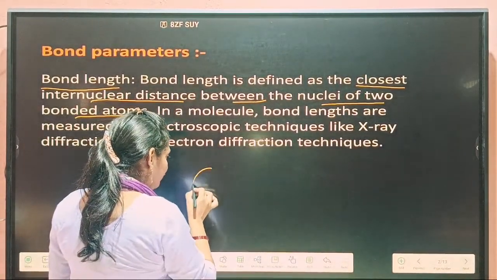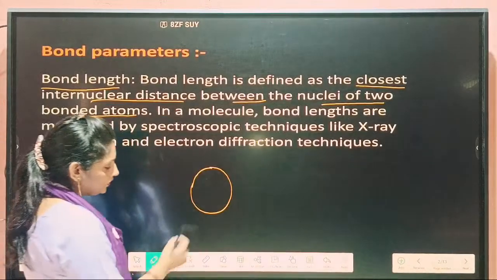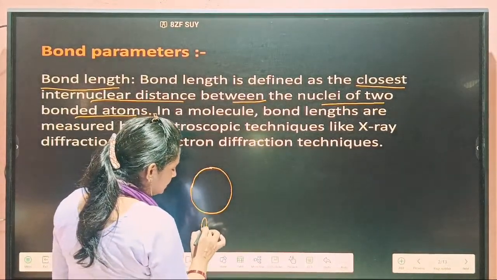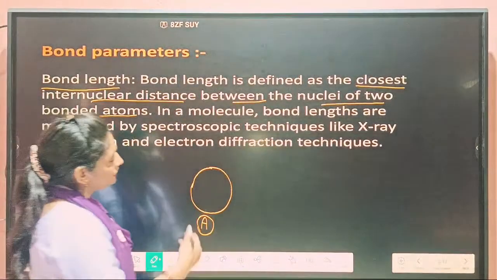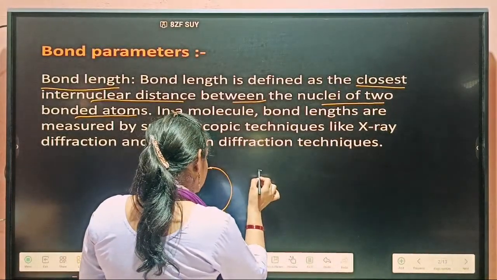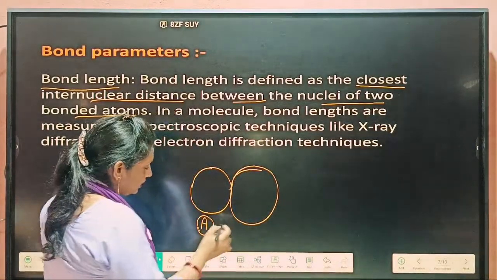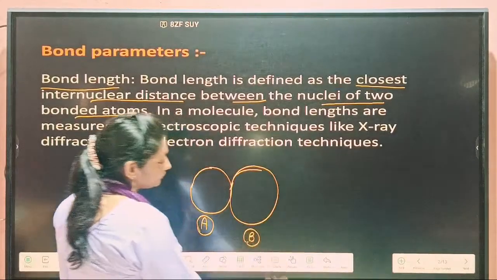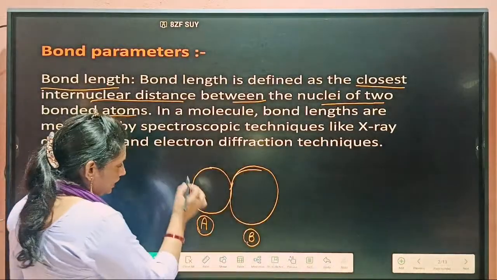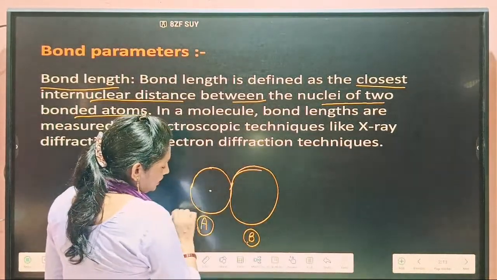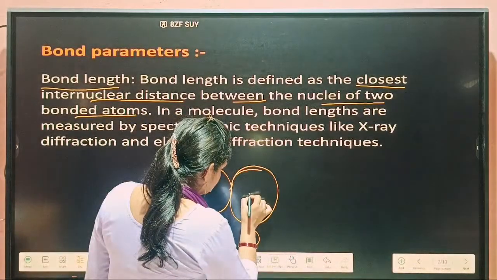Let us consider I have one element, let us consider it is A. And if I have a second, let us consider it is B. Then students, what will be the internuclear distance between them? Here, let us consider this is the center of this, and this is the center of this.